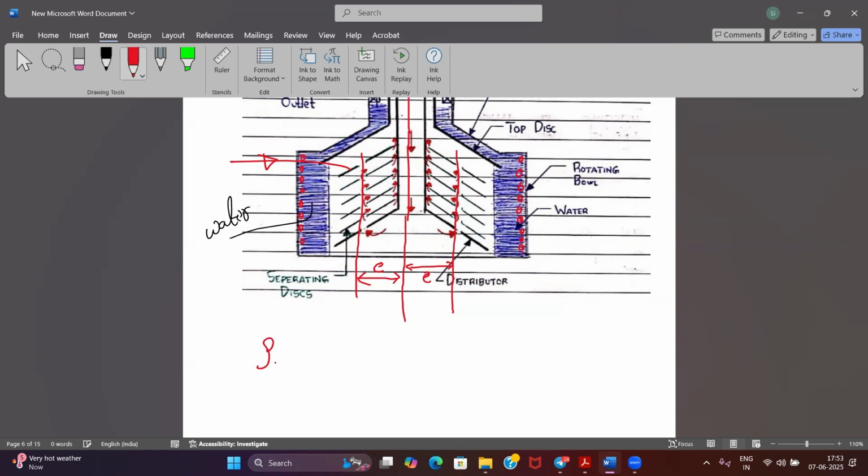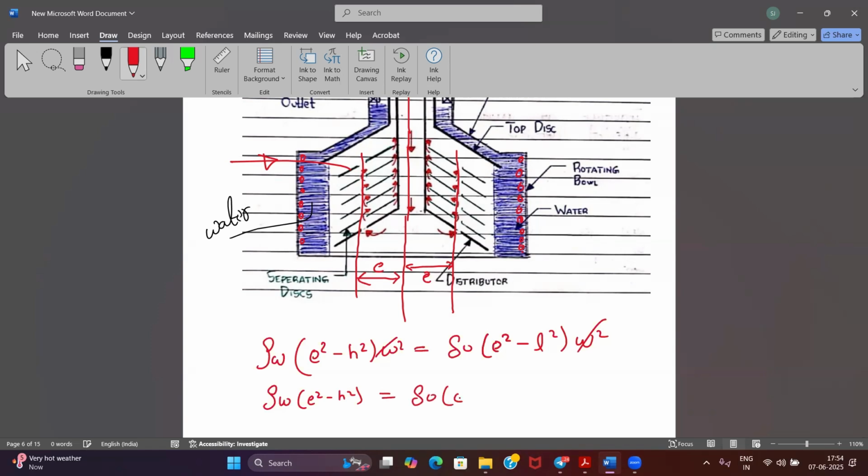Density of water times (E square minus H square) omega square equals density of oil times (E square minus L square) omega square. Omega square will cancel out, and what you will be left with is density of water times (E square minus H square) equals density of oil times (E square minus L square).